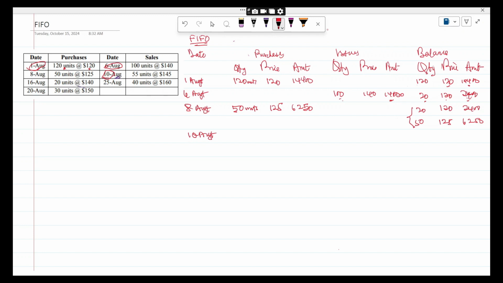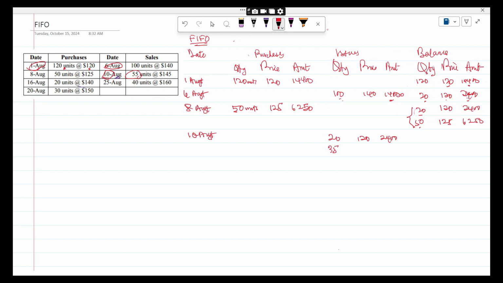So you see that we have 20, which is the first stock, and 50, which is the second stock that came in. Now we are using FIFO method, so the first one will be sold first before the second one. So we go and sell 20 times 120, giving us 2,400. Then we'll pick the difference to make 55 units.